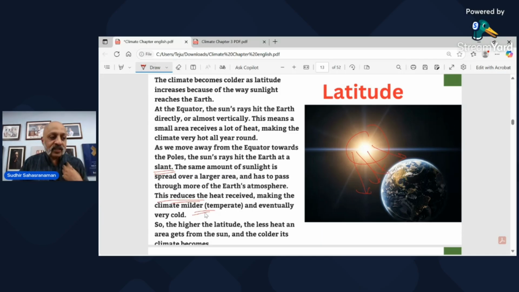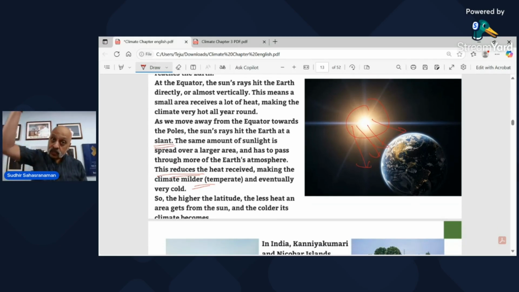Okay, and therefore the climate is milder, and comparatively to the equator areas, it is a little cold. Is that clear? So the higher the latitude towards the North Pole or towards the South Pole, the less heat an area gets from the sun and the colder the climate becomes.